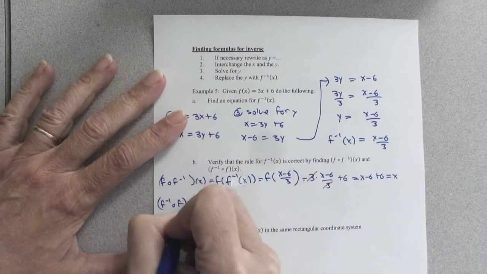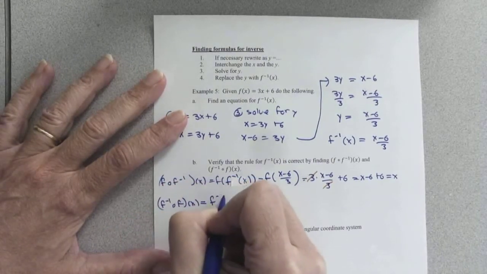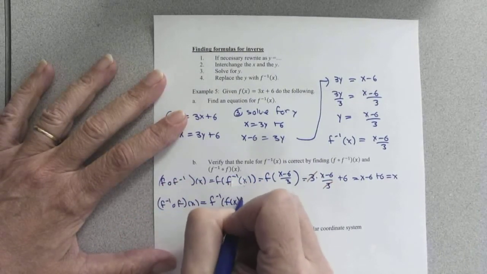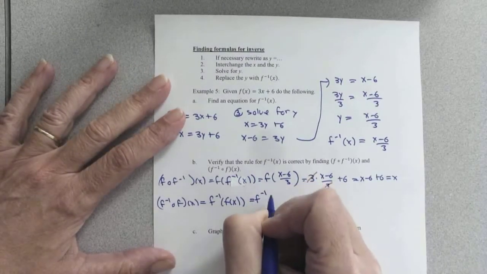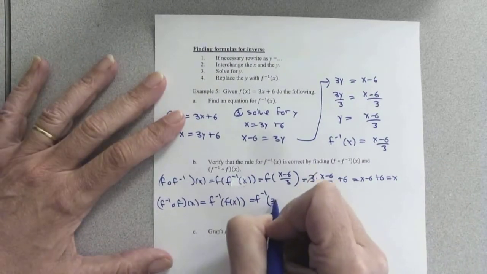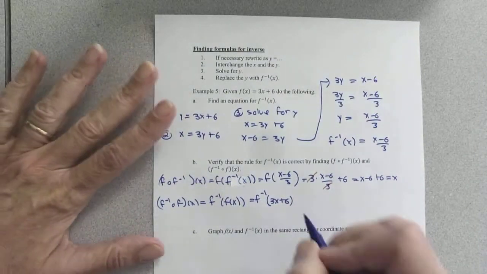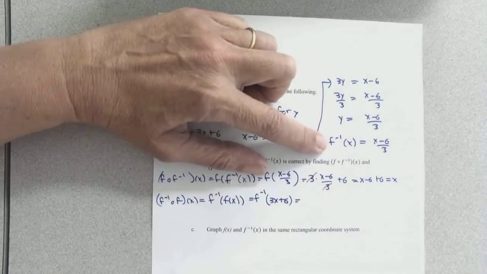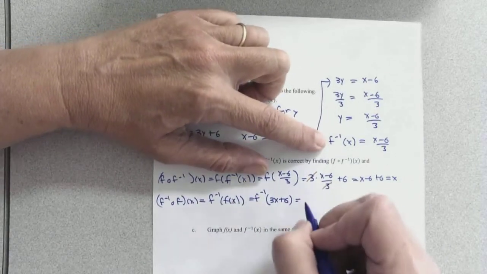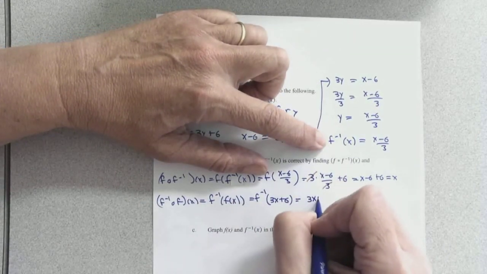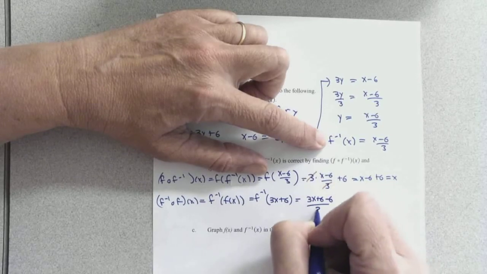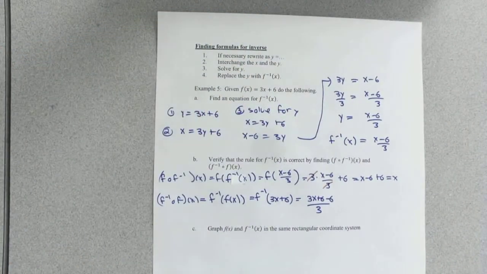Doing the other way around. Start on the inside. Use f's formula, which is 3x plus 6. Then use f inverse's formula up here, replacing the x with 3x plus 6.